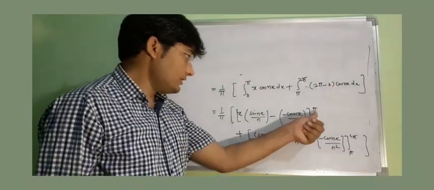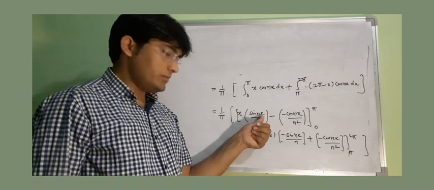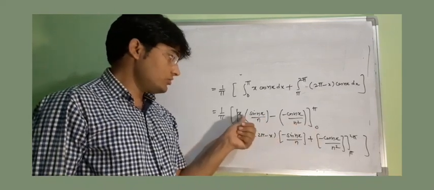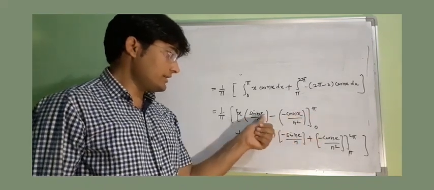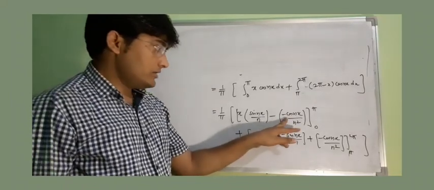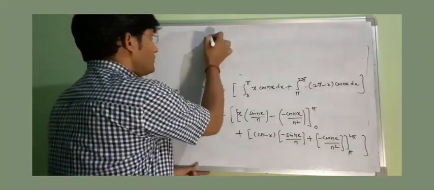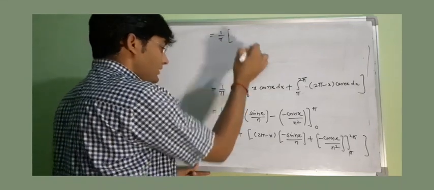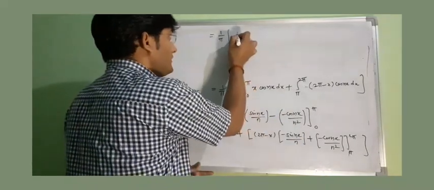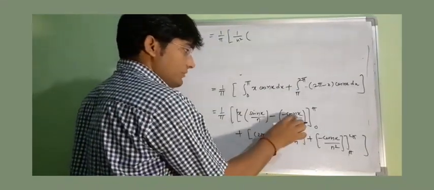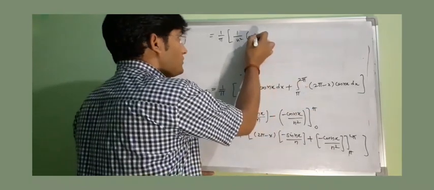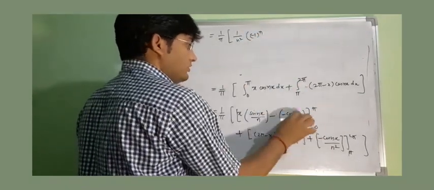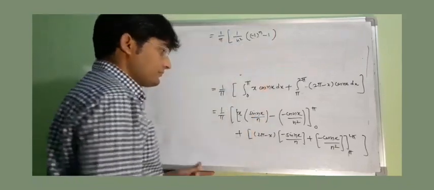Now here you can see that at the lower limit the term will be 0 as x is 0, and at x equal to pi, sin n pi is 0. Now this is minus minus plus, so the first term will be 1 upon n square. For the upper limit we will have cos n pi, which is minus 1 power n, and for the lower limit we will have cos 0, which is 1.